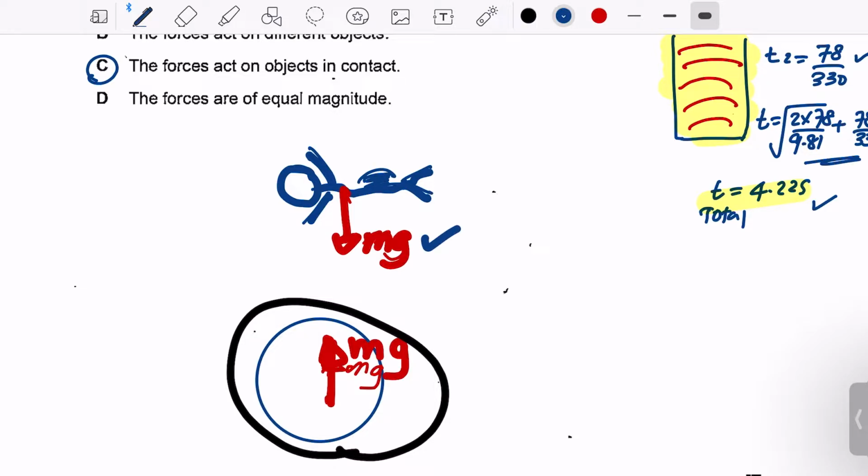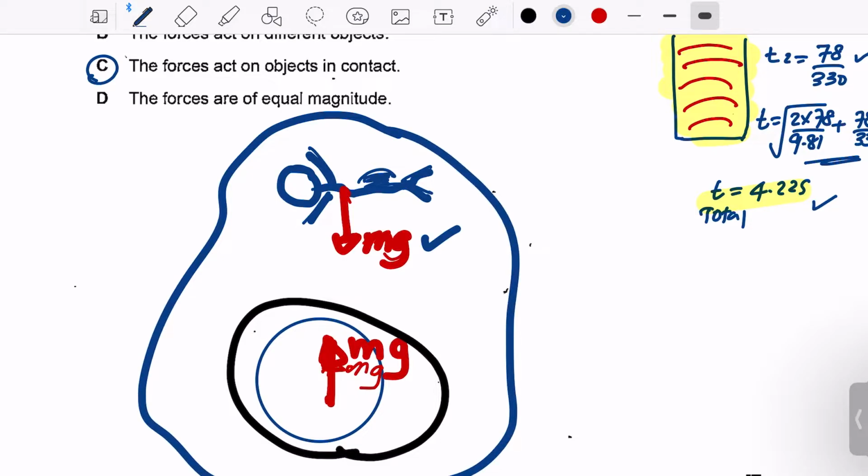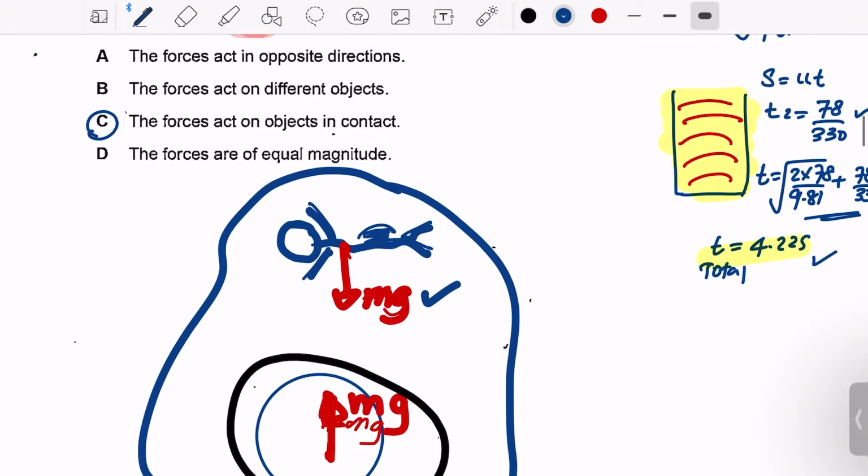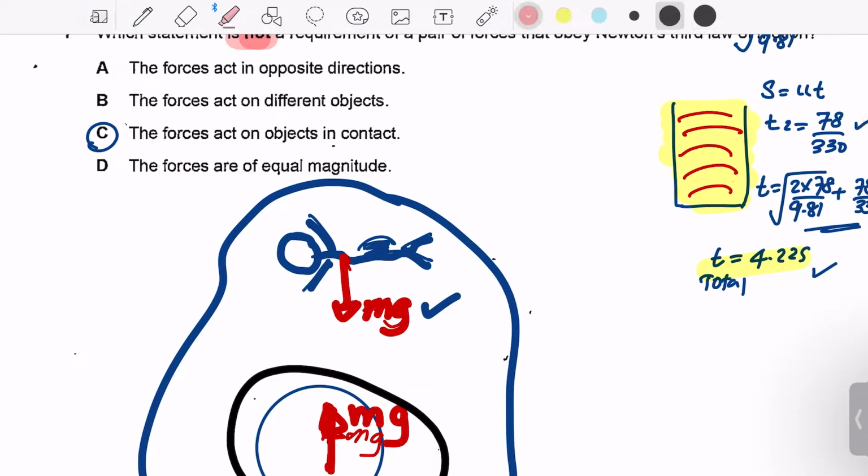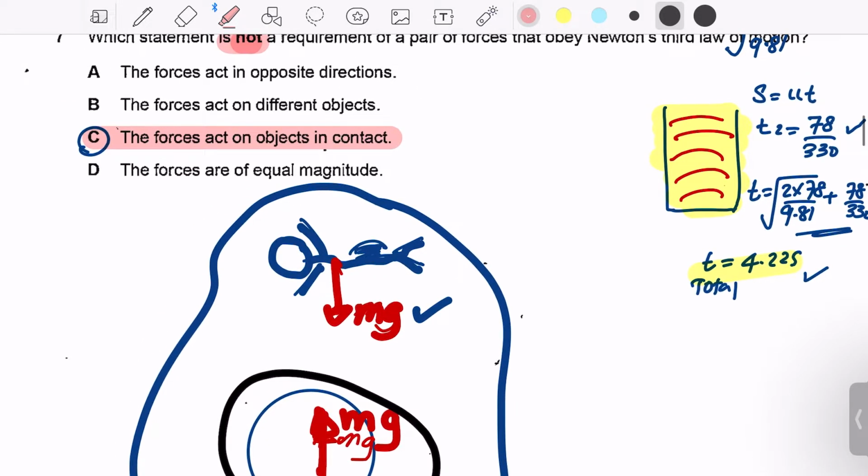Now the question is, are this man and the earth in contact? Of course not. The man is still far from the earth. So they don't have to be in contact. What I am trying to say is, answer C, the forces act on objects in contact: no need. They don't have to be in contact. So what are the conditions for action-reaction forces?